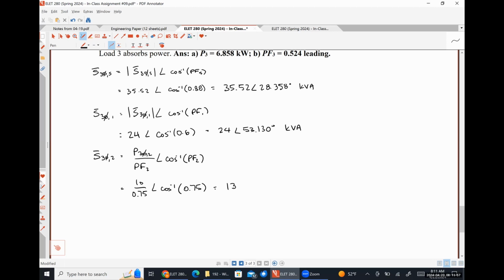Or 13.333 with an angle of 41.410 degrees.